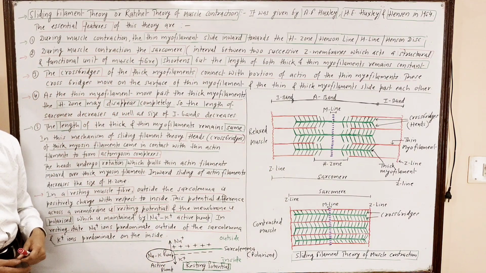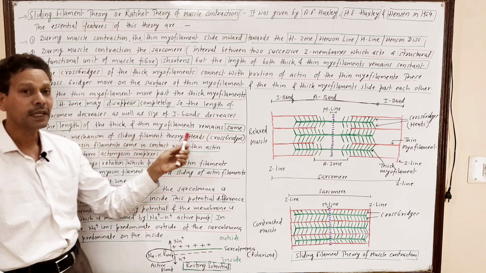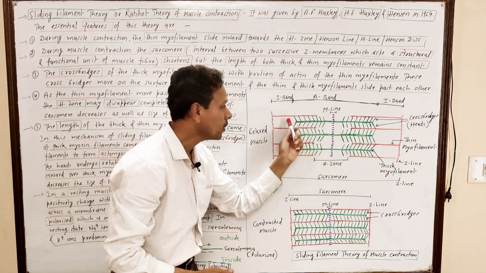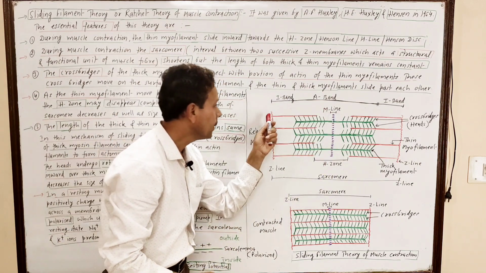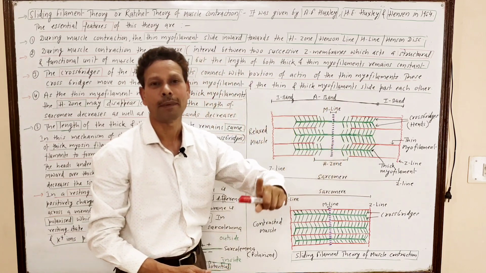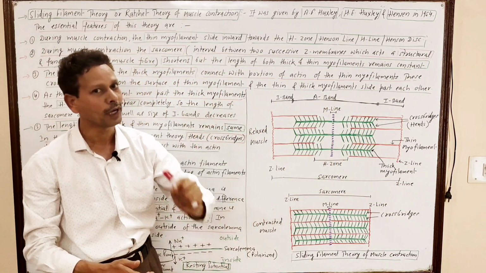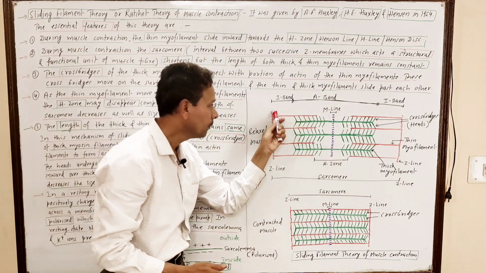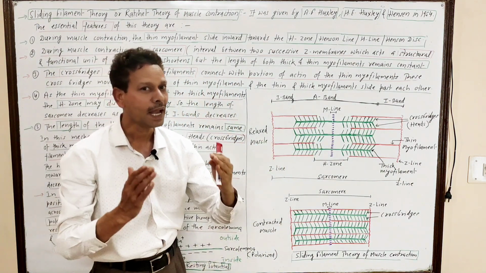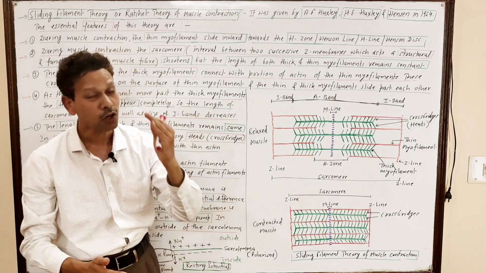The next point, which is very important, is the length of the thin and thick myofilaments. During muscle contraction, the length of both thin and thick myofilaments remains constant.